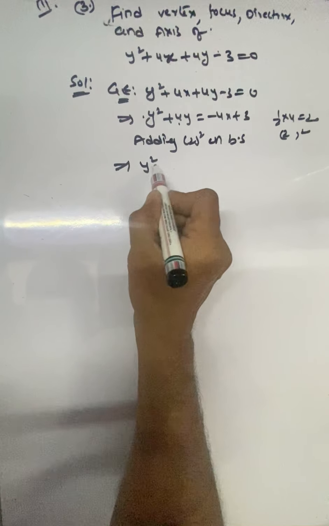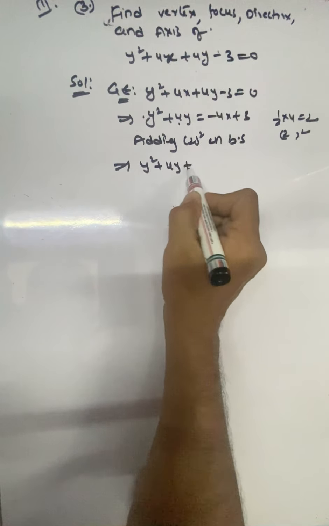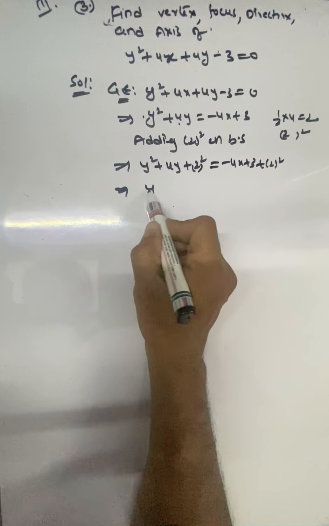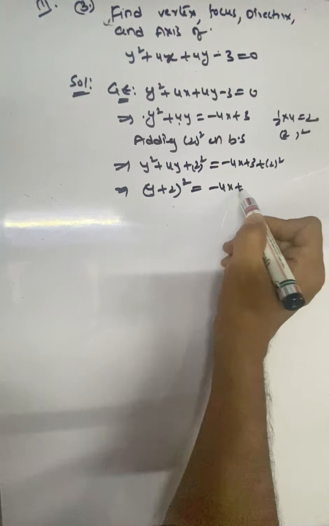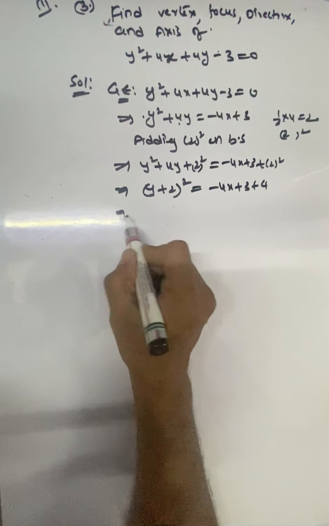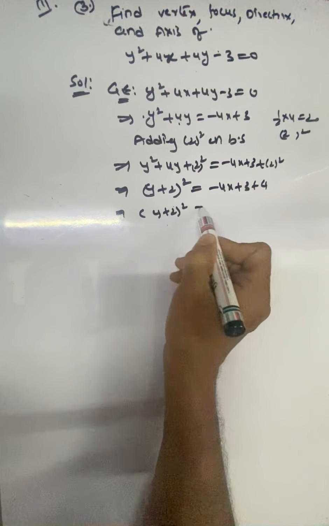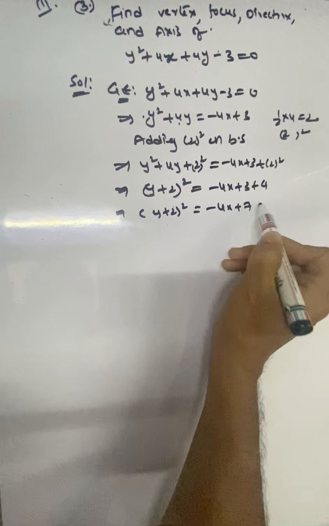So we have y square plus 4y plus 2 square equals minus 4x plus 3 plus 2 square. On the left side we have a plus b whole square, and on the right side we have minus 4x plus 3 plus 4. So this is y plus 2 whole square equals minus 4x plus 7.